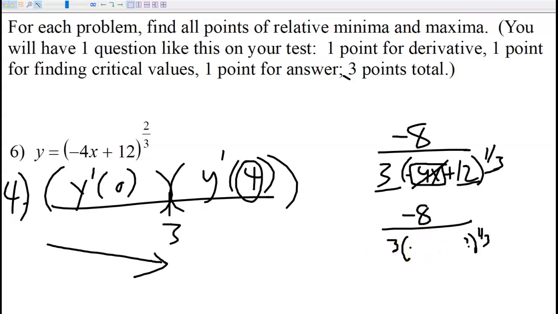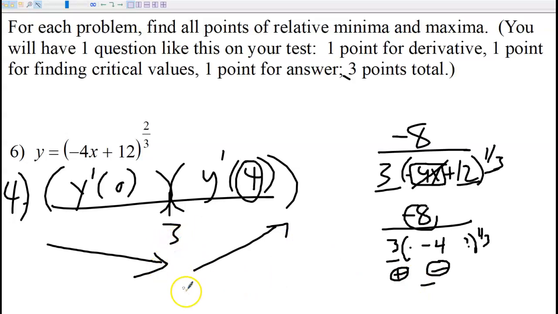Now, once again, if you want to use your calculator to figure this out, you're welcome to. But you can just know that the cube root of a negative number is negative. This is a positive, right? Right there. So a positive times a negative is negative. And if you divide a negative by a negative, you get a positive. And there we go.